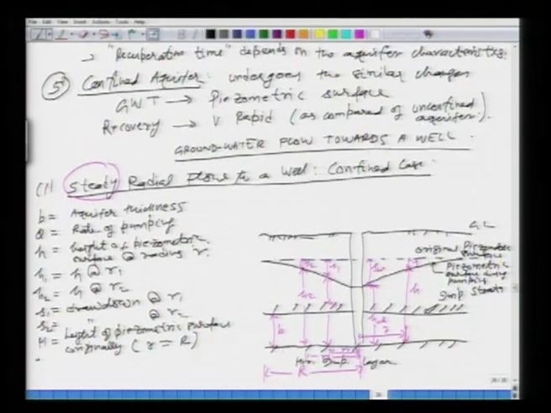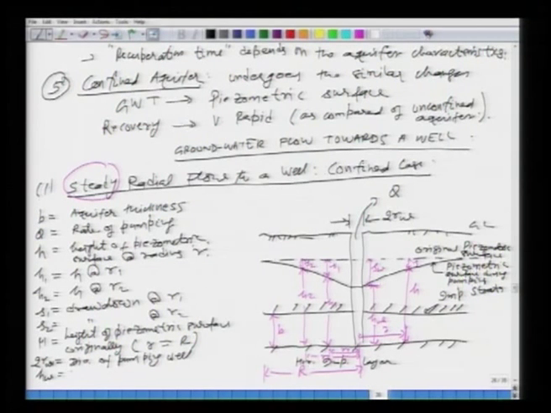Okay. Define 2RW as the diameter of your pumping well. Okay. And you should put it here, that is what we are talking about. This is 2RW, and the water which is pumping out is, let us say, Q.